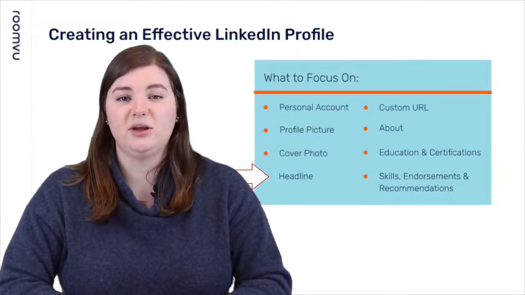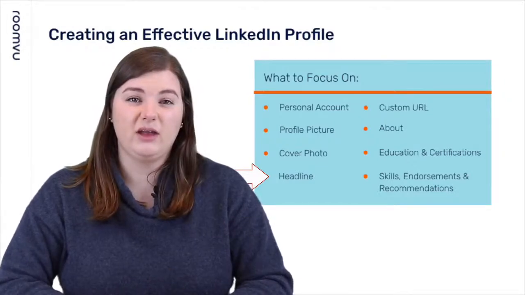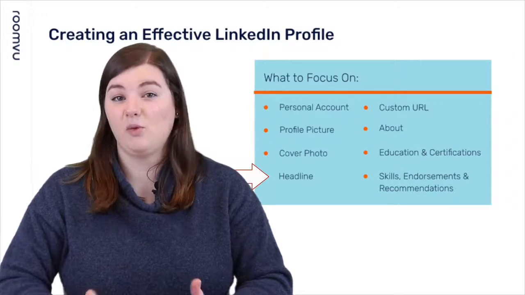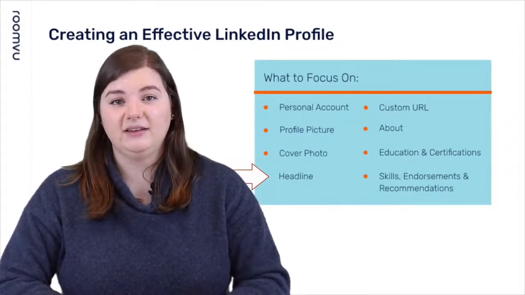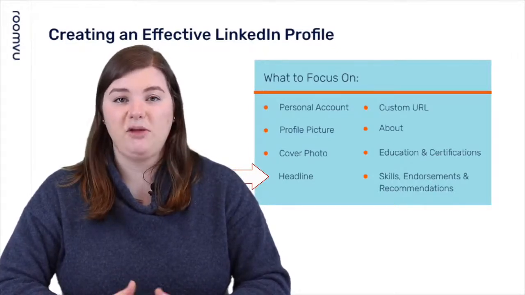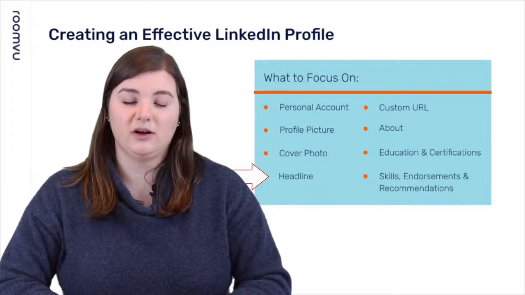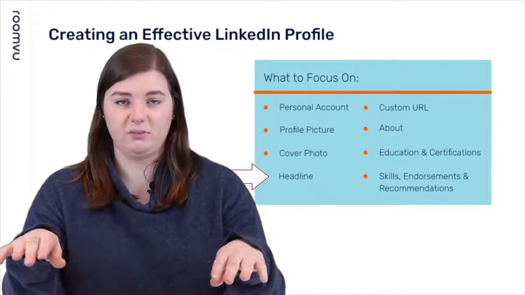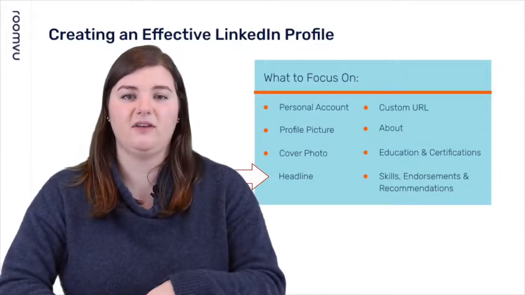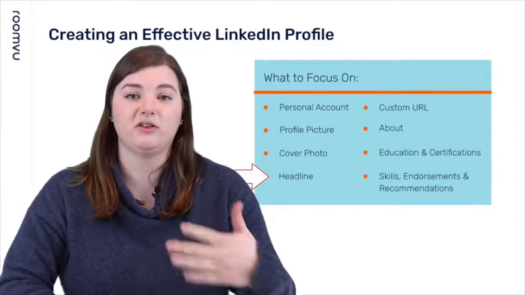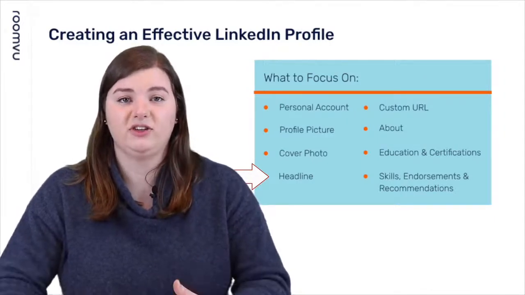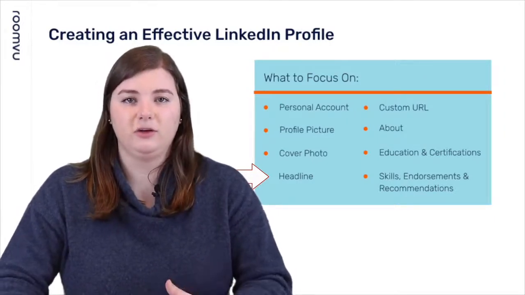It tends to be a pretty short section. It's only 100 characters, so you do have to be a little bit concise about what you want to highlight. The goal there is to get people to visit your profile and explore it, because that will always appear if they find you in a recommended search or anything like that. So it should grab attention and differentiate you.